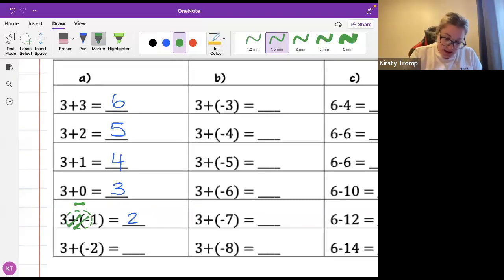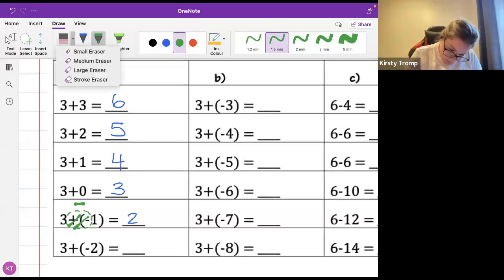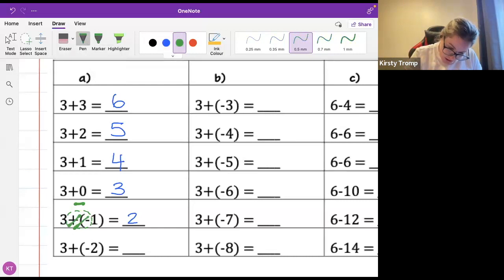My next sum, I'm going to do the same thing. I've got 3 plus -2. Again, I see a positive sign and a negative sign next to each other. I need to stop. I need to draw a circle around those signs.